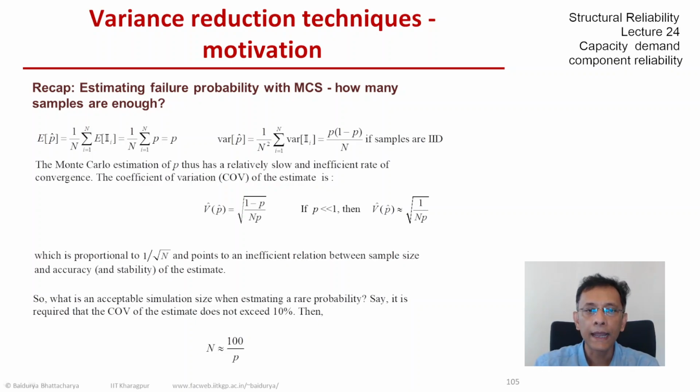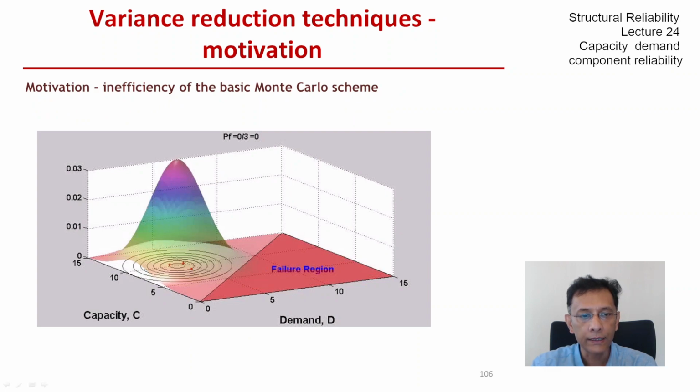So let's look at this issue of inefficient convergence and what might be done about it in a graphical manner. So let's see if I can run this movie. This is a bivariate problem.